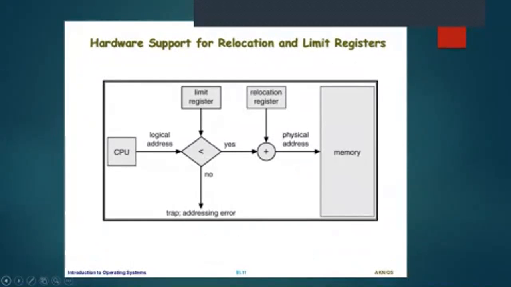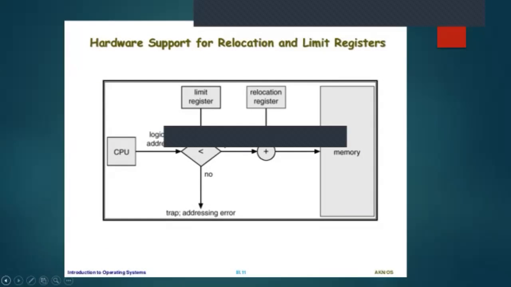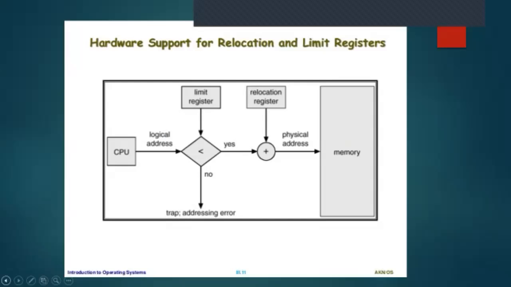Yes, the relocation register is used to save programs from each other. It means it saves the program from writing or overwriting the contents of each other. So how does it save the program? It just relocates. That means memory space is not fixed.